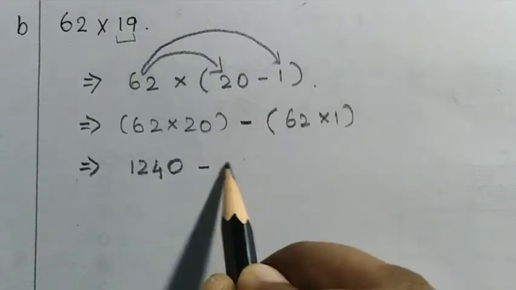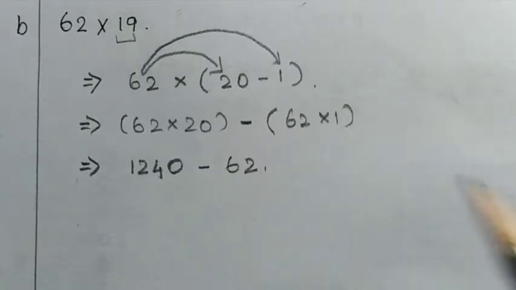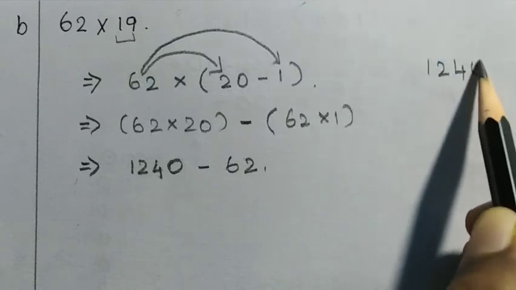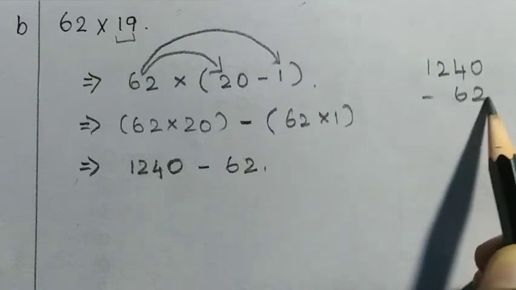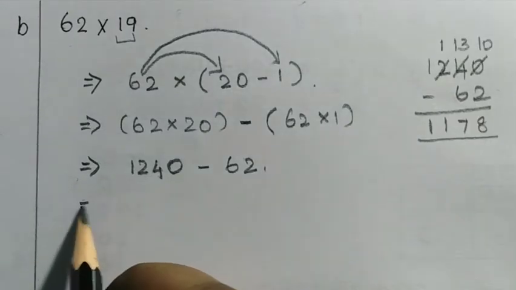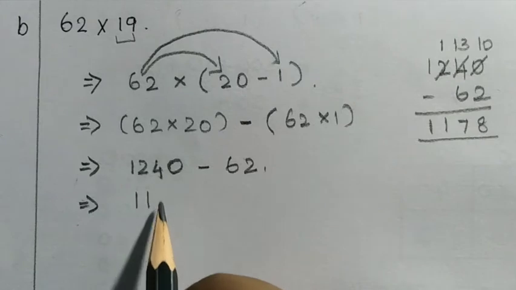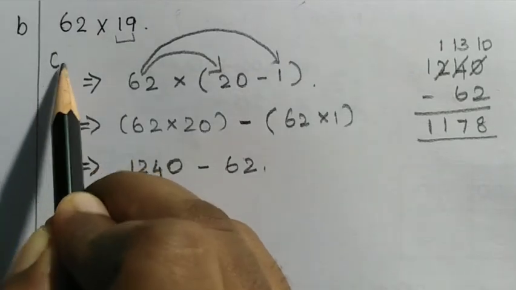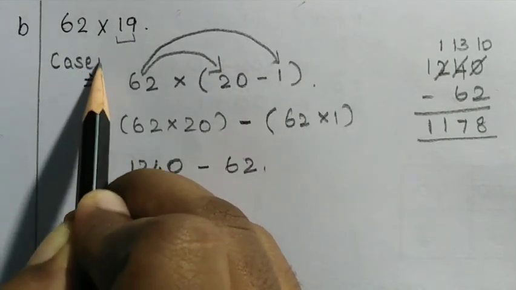Minus 62. So when we subtract 1240 with 62, we will get 1178 as the answer. So let us consider this as case 1.